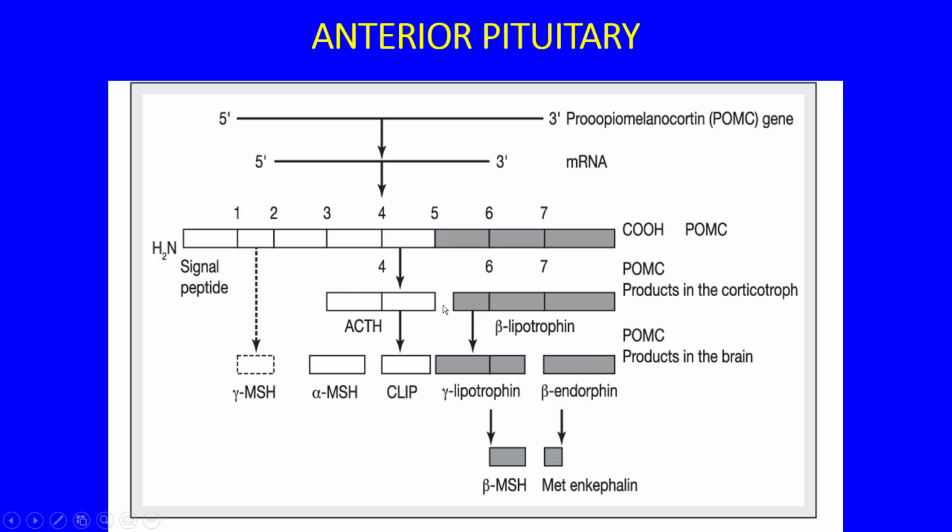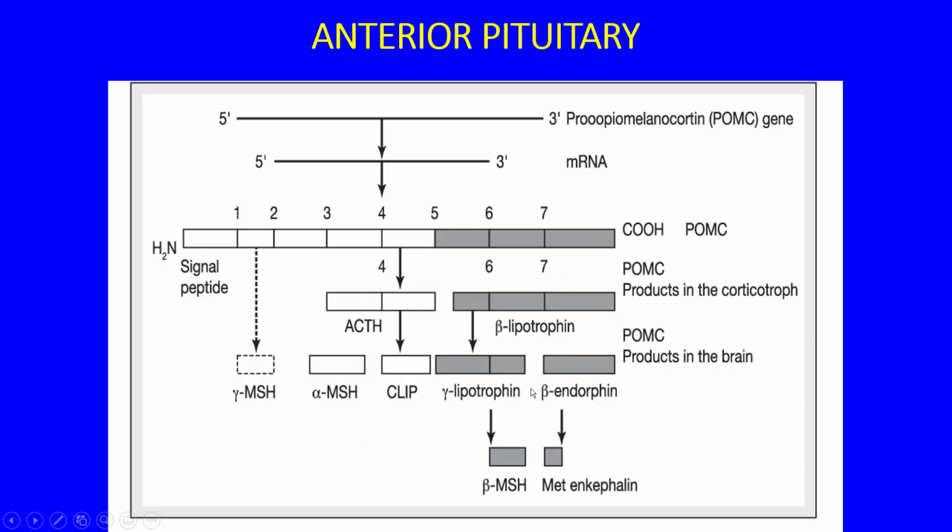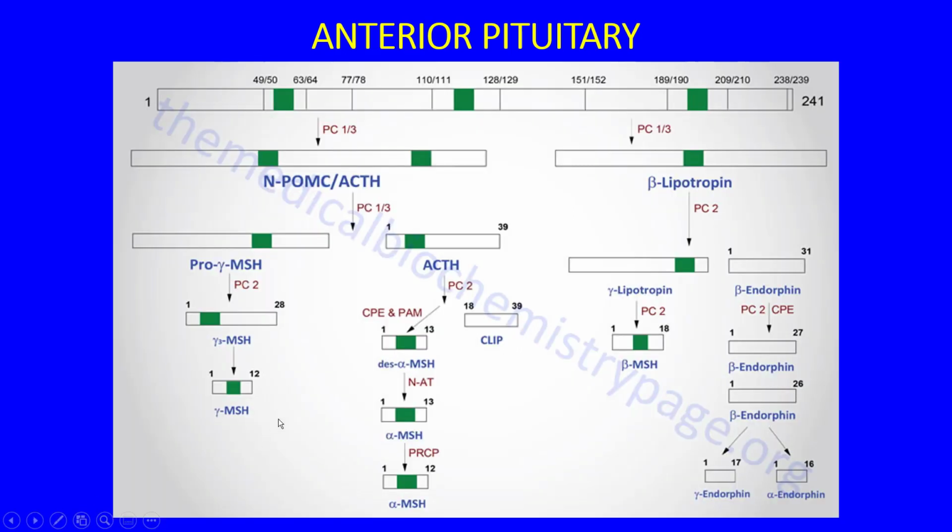ACTH, there's sometimes what they call the clip that is removed. And as you can see here, you also have lipotropin, going from beta to gamma. Now we can see this in another way too. I just wanted to give this as several different demonstrations.